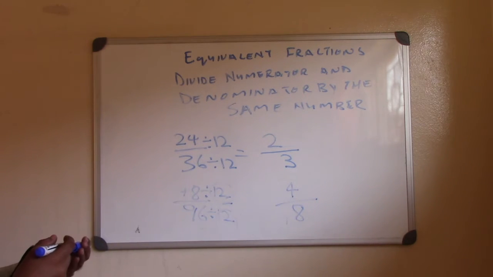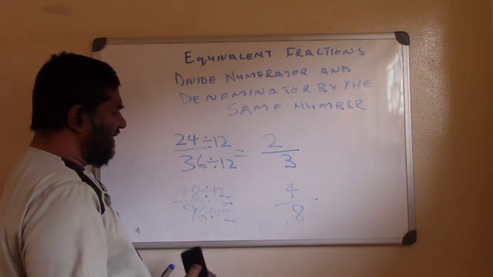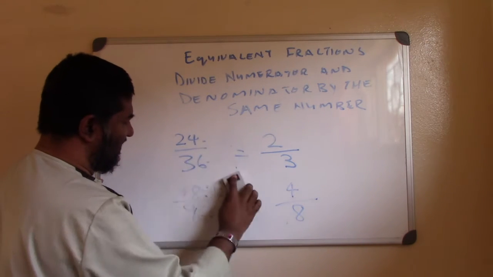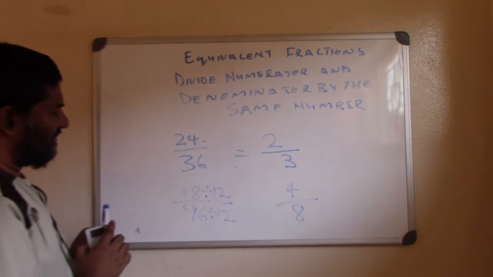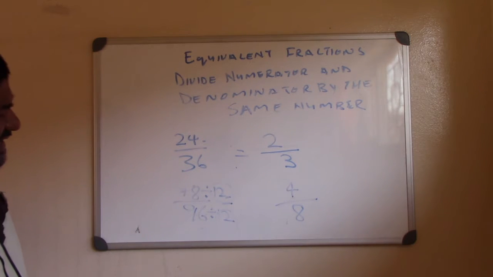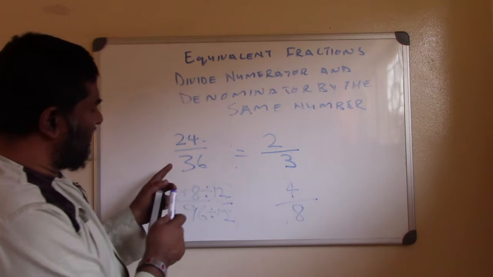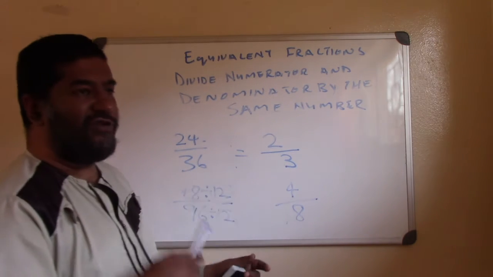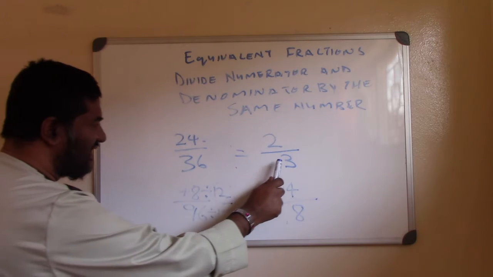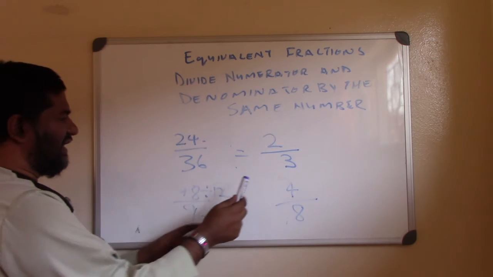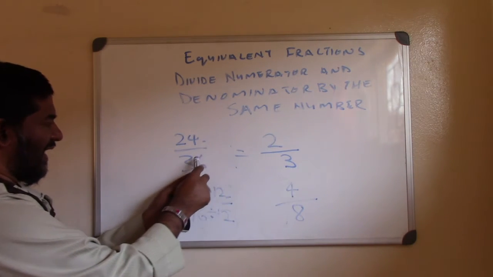Now, look at it another way. Let me explain to you, can you see here? Sometimes we have 36. Sometimes it's easier for a student to say, instead of saying 36 divided by 12, to say from 3 to 36, what did I do? I times it by 12.